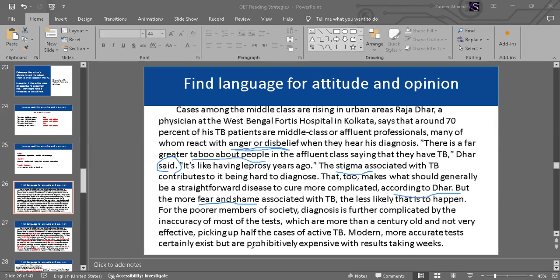What else? Prohibitively effective, not very effective. Okay. You skim it and try to identify the opinions. Later I'll show you the passage and the question. So this is how your highlighting was done.